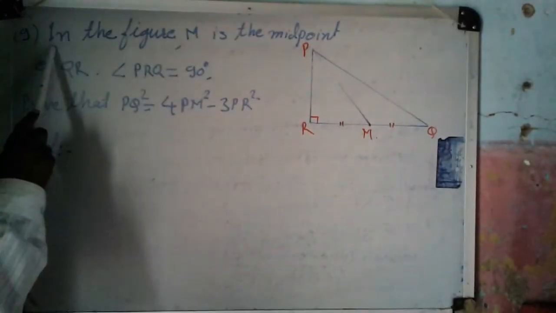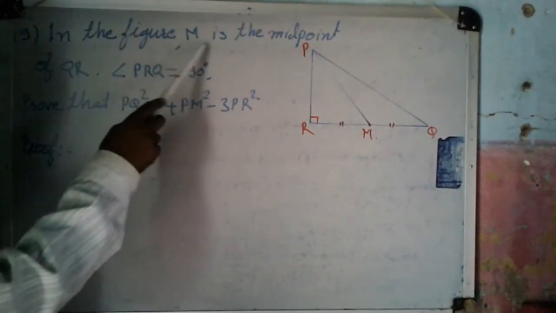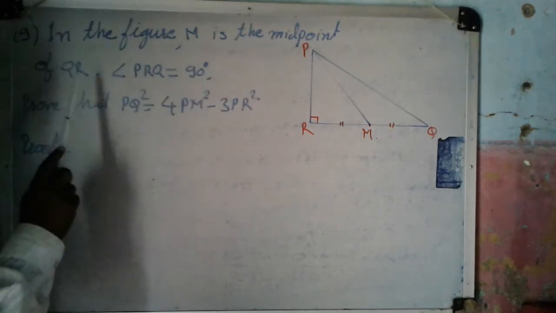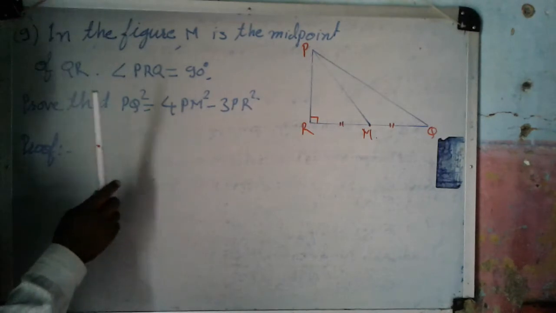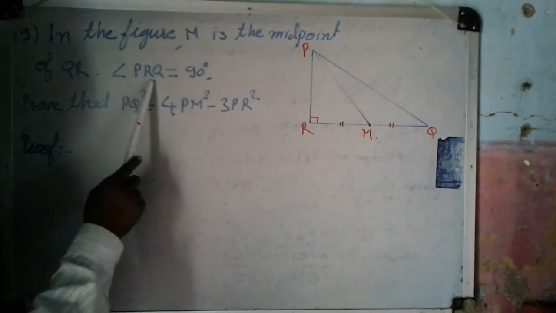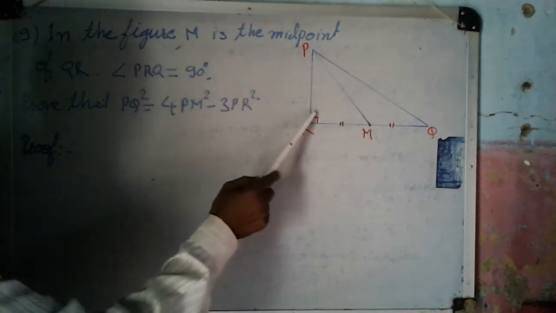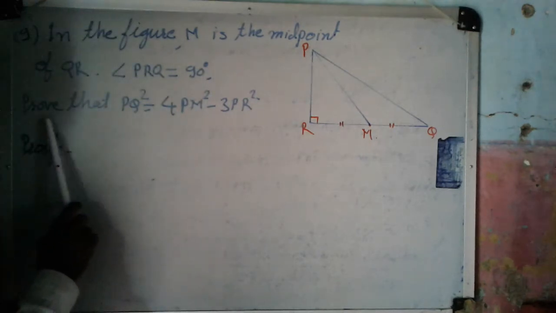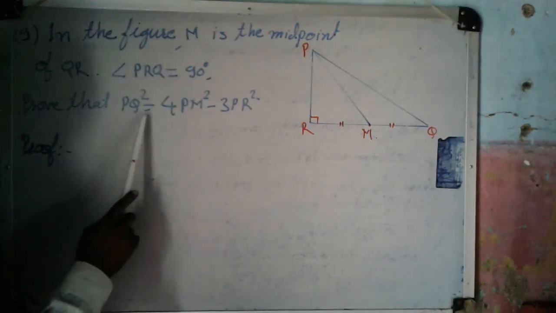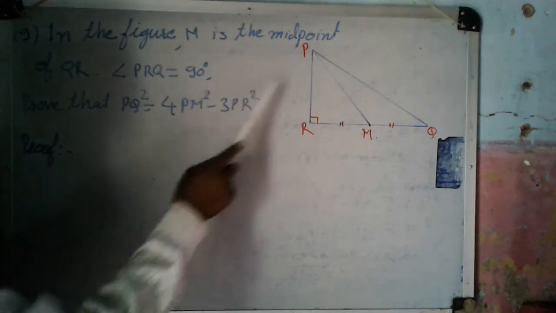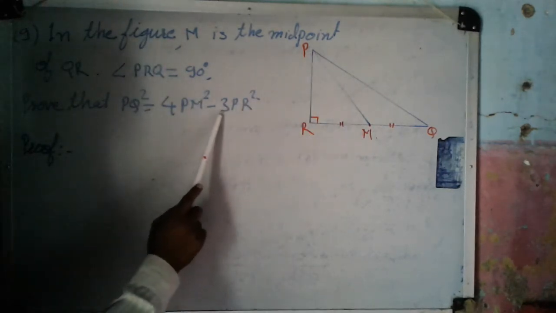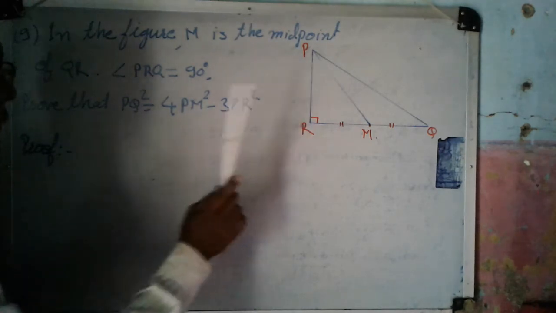Now question number 9. In the figure, M is the midpoint of QR. Angle PRQ is 90 degrees. And we have to prove that PQ square is equal to 4 PM square minus 3 PR square.